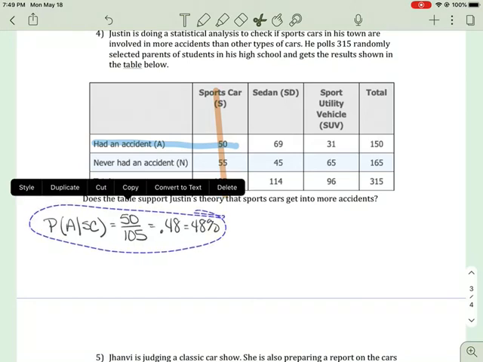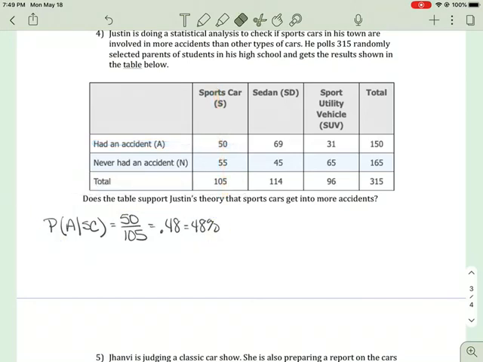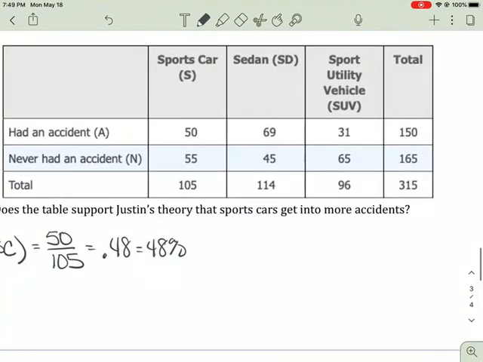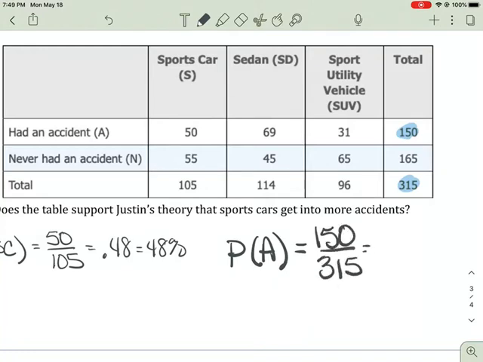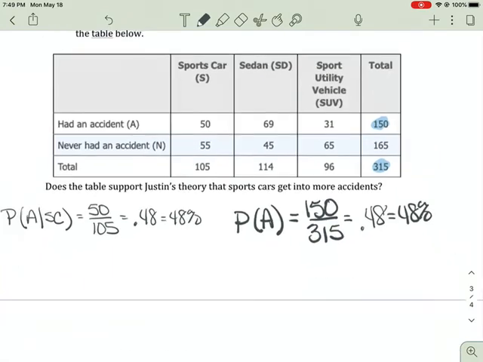So let's find the probability of just accidents. Accidents are going to be 150 out of 315. Now, I don't know how I'm going to compare that, but let's change it to a decimal. So 0.48 or 48%. Okay, they're the same.